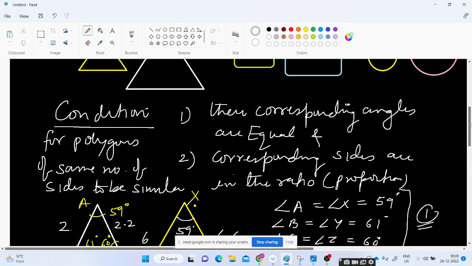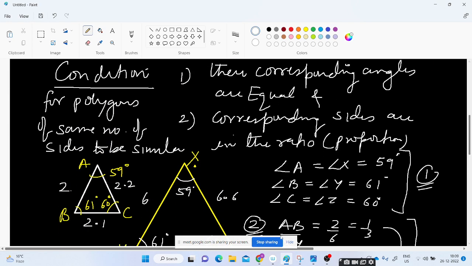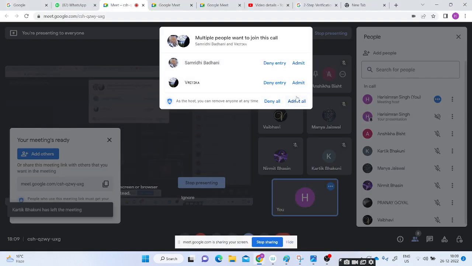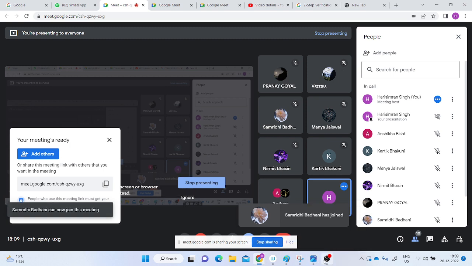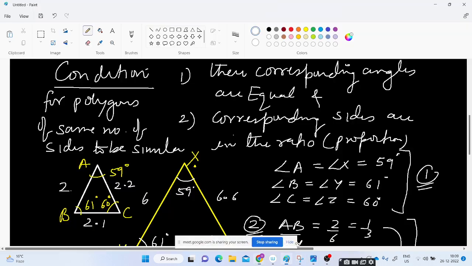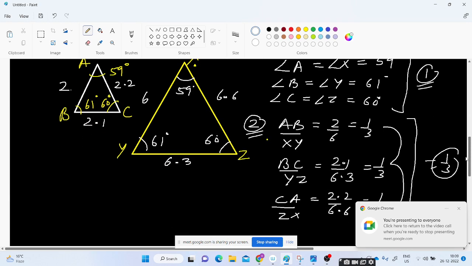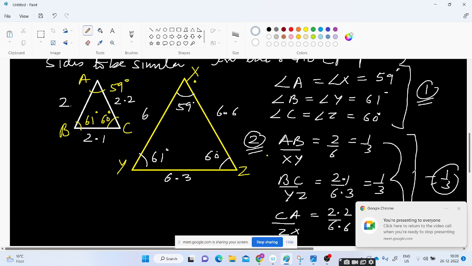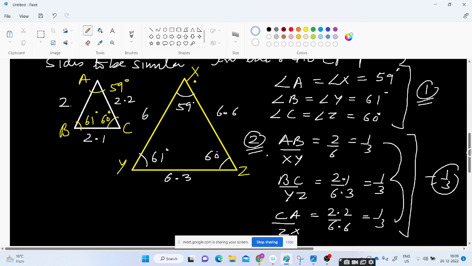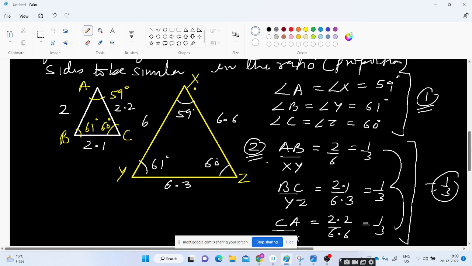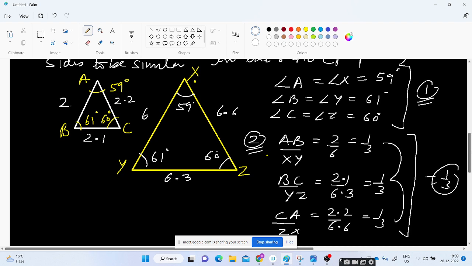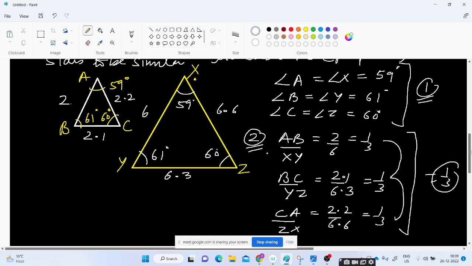So what was the second condition? Corresponding sides are in the same ratio. So the ratio is also coming the same. AB upon XY is 1 upon 3, BC upon YZ is 2.1 upon 6.3, and CA upon ZX is 2.2 upon 6.6, 1 upon 3.